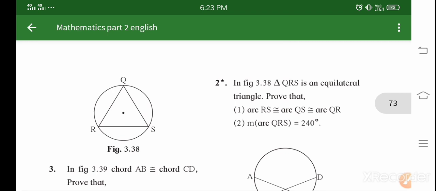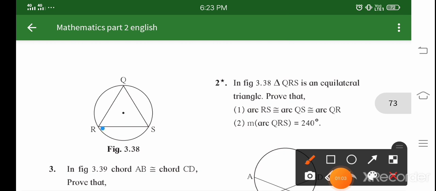So in this circle, can you see over here? This is an equilateral triangle, but for this circle, these are nothing but chords only. So this is very easy. You can easily prove that, because we have the theorem: corresponding arcs of congruent chords of a circle are congruent. So with this we can prove that.